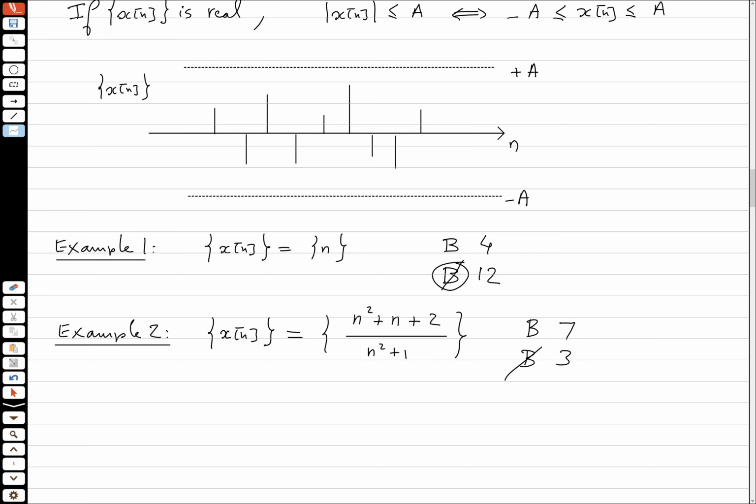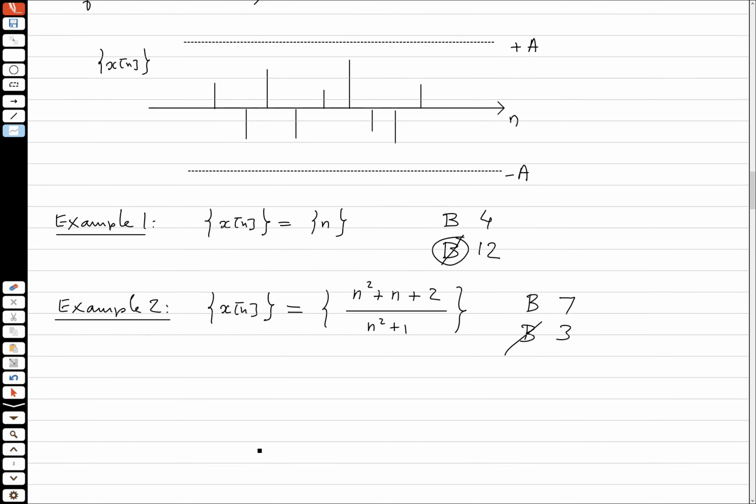You cannot answer. This is basic calculus. What about n going to minus infinity? All right.